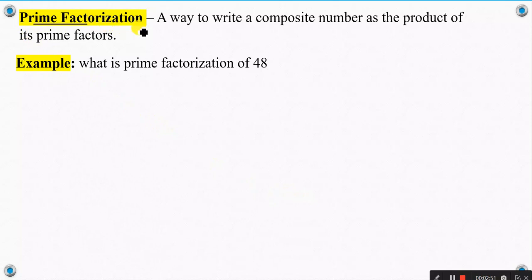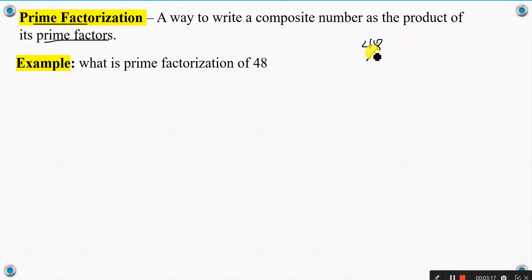Prime factorization is a way to write a composite number as a product of prime numbers. Every number can be rewritten by prime factorization. For example, take 48. 48 is not a prime number, but you can write it using prime numbers.